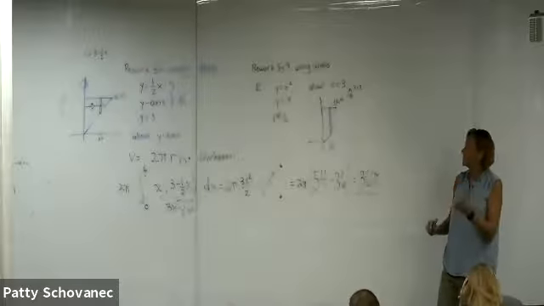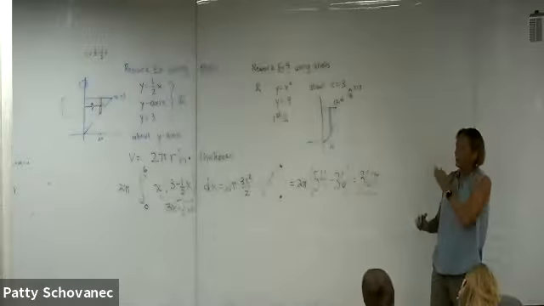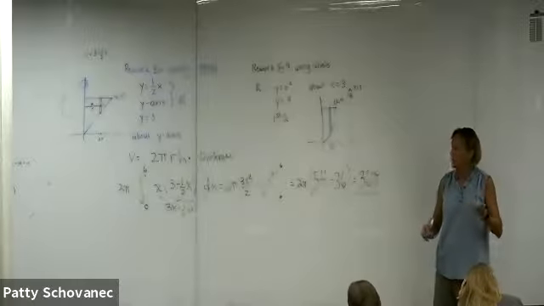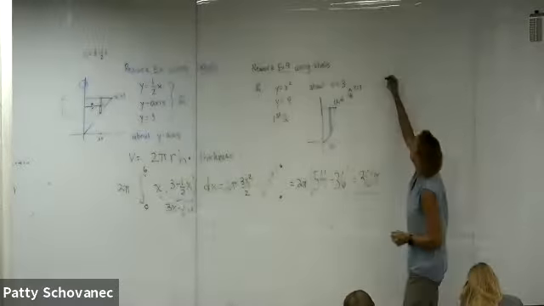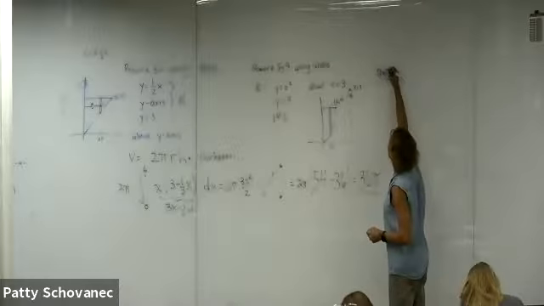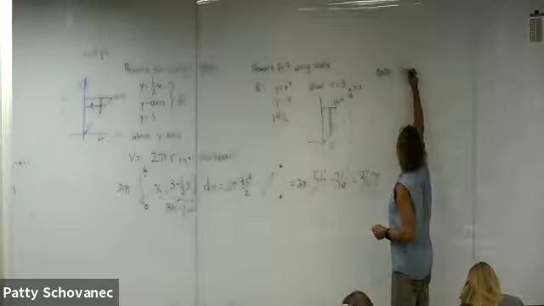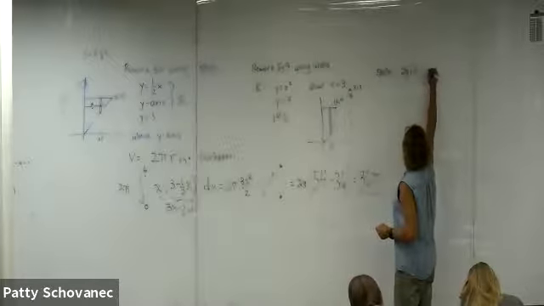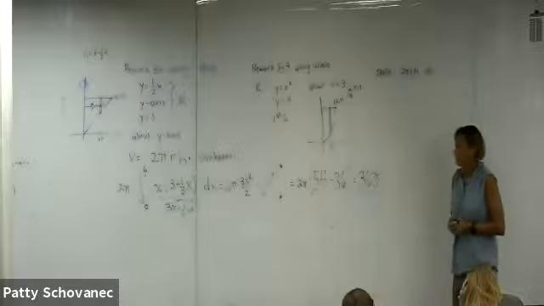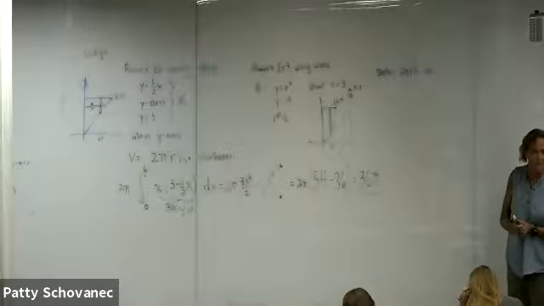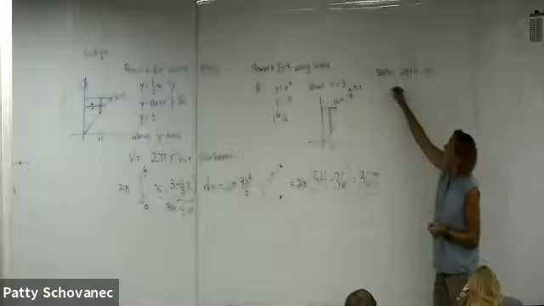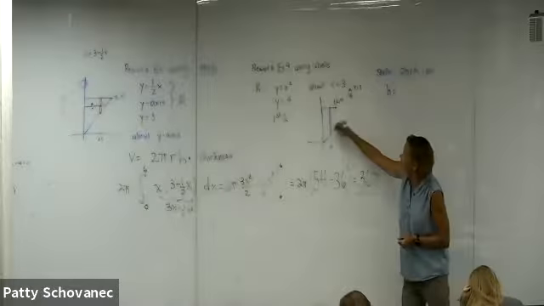Since it's parallel, our plan again is 2 pi r h times dx. h is how tall that rectangle is.